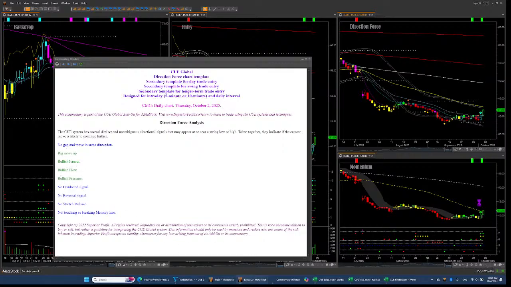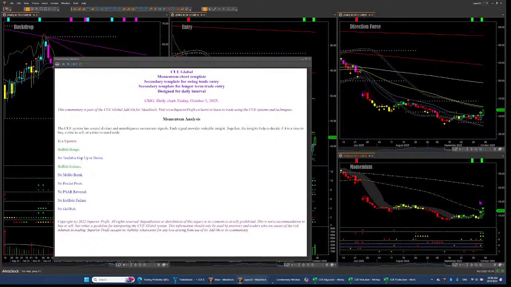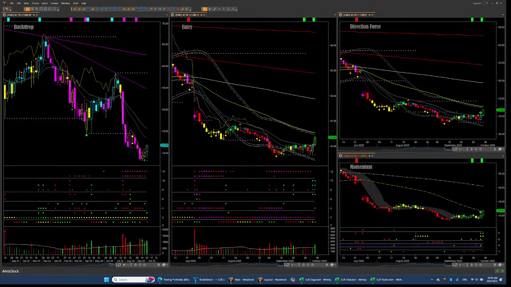And in terms of momentum signals, we had 4 bullish momentum signals on Thursday. Again, Thursday momentum signal, 4 were Bongo, Kahuna, Mobo breakout, PSA reversal. So 4 directional forces and 4 momentum signals bullish on Thursday that also came with a possible flow setup on that day.